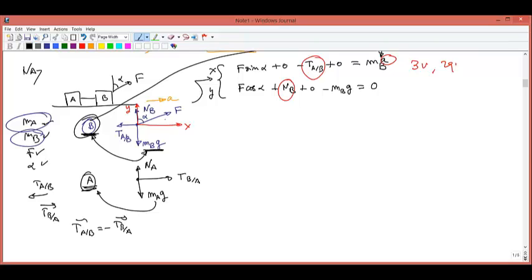Action and reaction: the magnitude is the same, the direction is opposite. So when you identify this, make sure you use the same label. Otherwise, you're going to have still too many unknowns. That's where Newton's third law comes in. Whatever T you use here is going to be the same here.